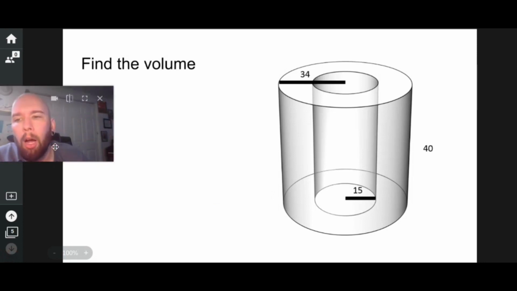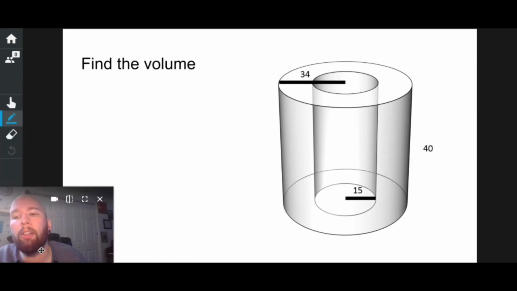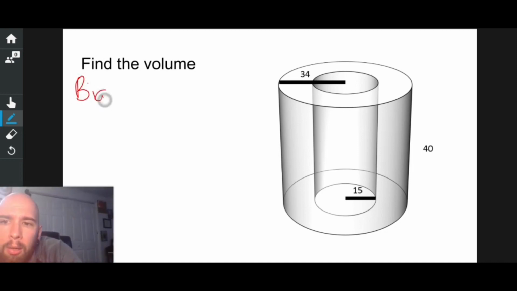Now this is a weird problem. And I'm going to move my face down here because I got rid of the formulas. I don't need them. I know what I'm doing. This is what I have. I have a can, and inside I have another can that's hollowed out. So this is what I'm going to do. I have to take the big cylinder, which is this whole thing.